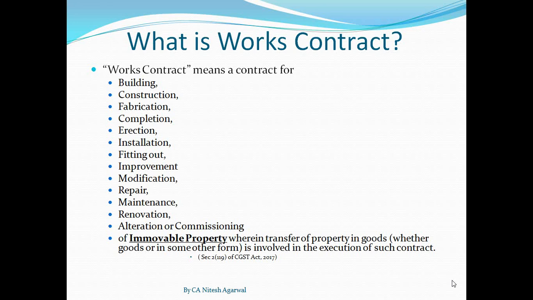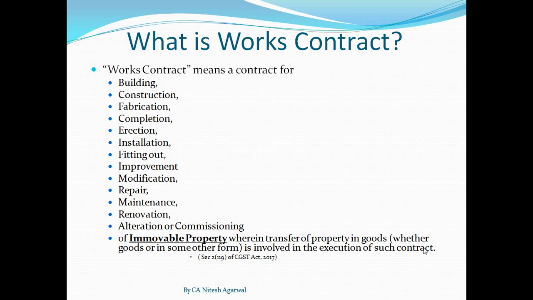But under the GST law, works contract has been defined as a contract for building, construction, fabrication, completion, erection, installation, fitting out, improvement, modification, repair, maintenance, renovation, alteration or commissioning of immovable property, wherein transfer of property in goods is involved in execution of such contract.